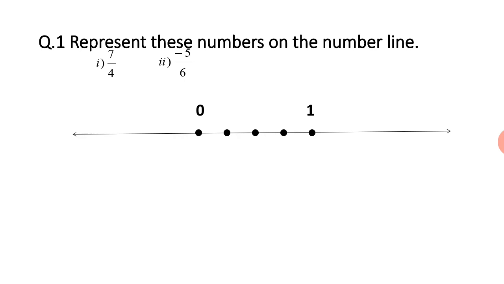So we have divided the unit distance 0 to 1 into 4 parts. You can see here on the screen. The next is again from 1 to 2 is divided into 4 parts. This is how you get the divisions.